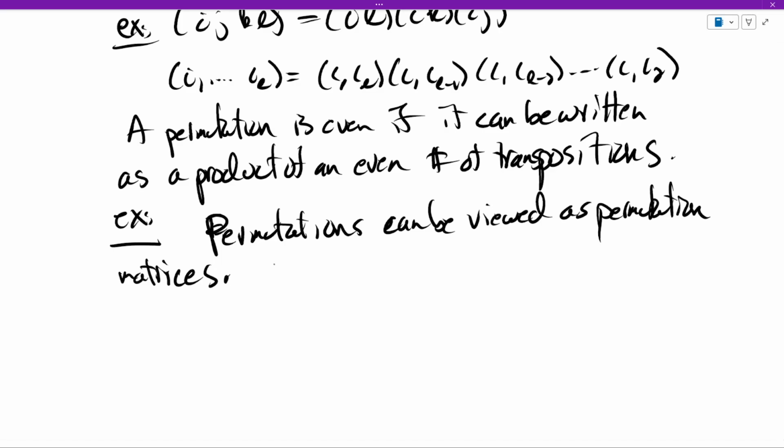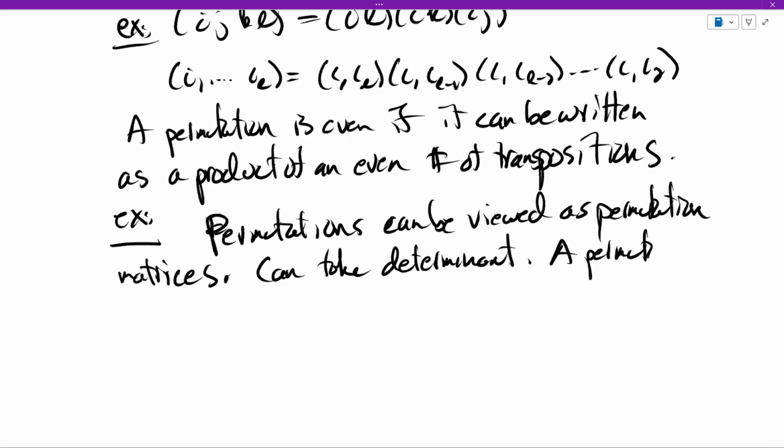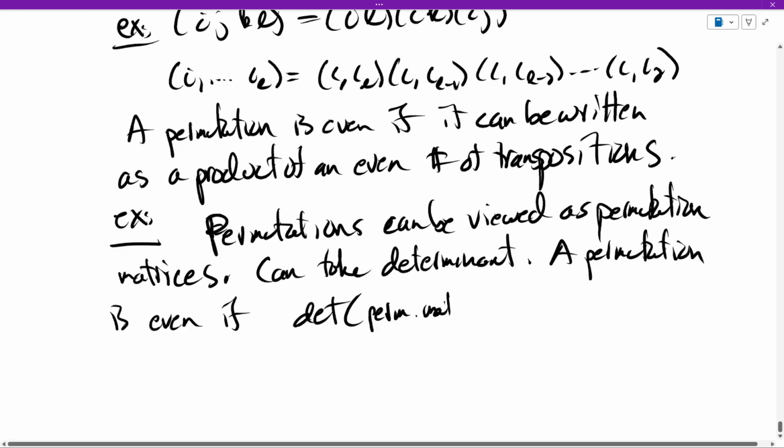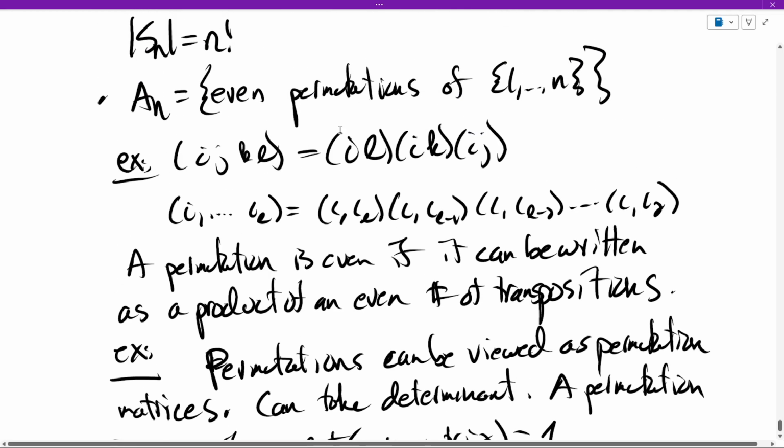You can look at its determinant. And a permutation is even if the determinant of the corresponding permutation matrix is 1. And we saw that in class, so I'm not going to rehash it. The determinant is sometimes also called the sign homomorphism, but it's a very concrete linear algebra construction. And so An is the set of all even permutations.